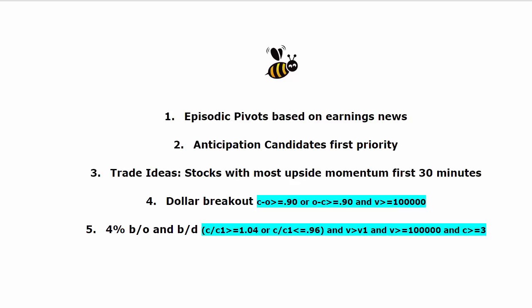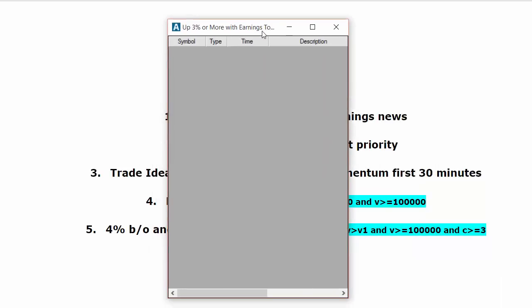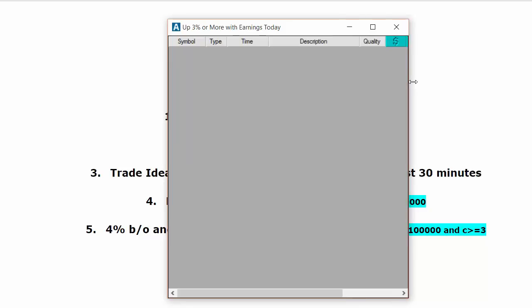Now that is before the market open, but EPs also show up after the market opens, especially the highly neglected stocks which are not followed by many people. This is a scan I use in Trade Ideas, which is up 3% or more with earnings today. It doesn't have a candidate as of now, but as soon as the market opens, you will see candidates show up.